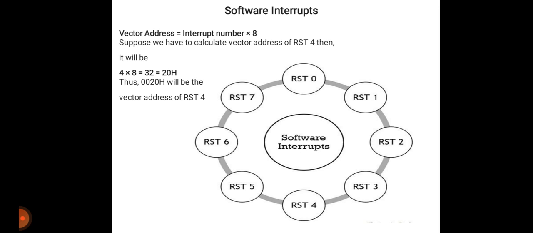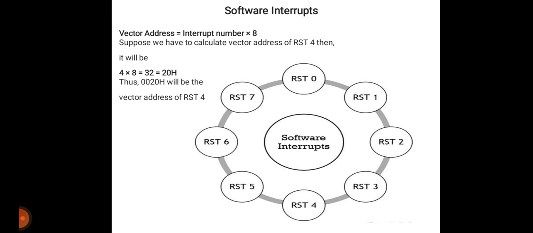Suppose we have to calculate the vector address of RST 4, which means 4 is the interrupt number. It will be 4 into 8 is equal to 32 decimal, that means 0020H will be the vector address of RST 4.